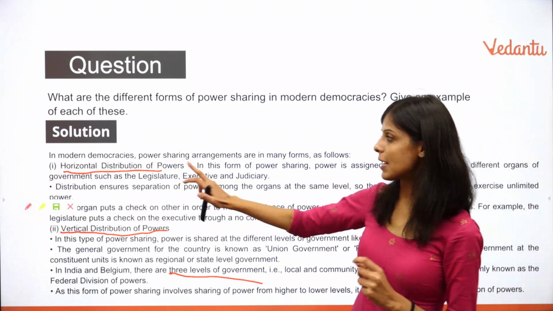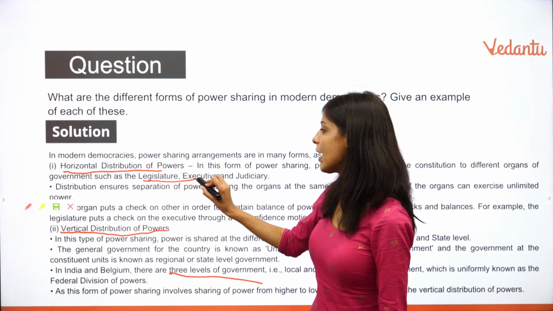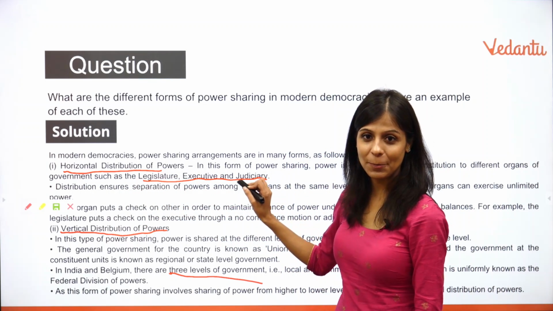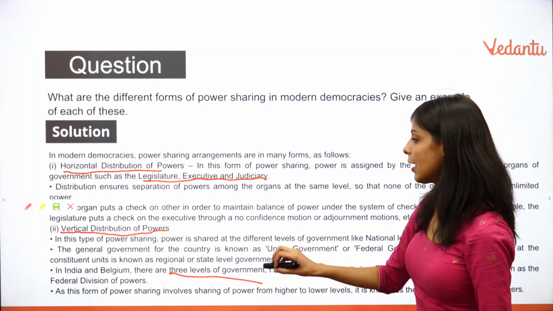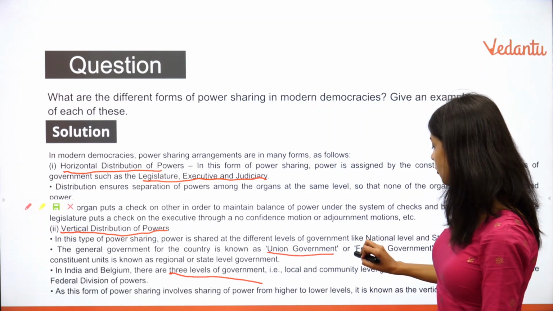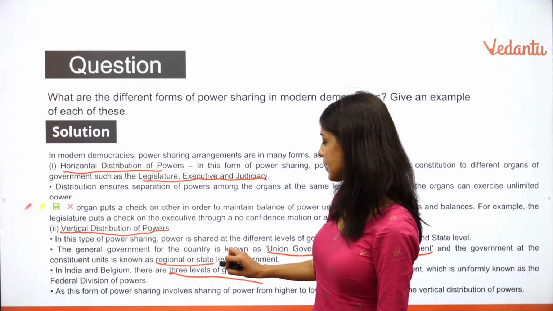For example, in this case, horizontal power distribution, you're going to underline legislative, executive and judiciary. In vertical distribution, you're going to underline the union government, or you can call it the federal government, and of course the regional or state level government.